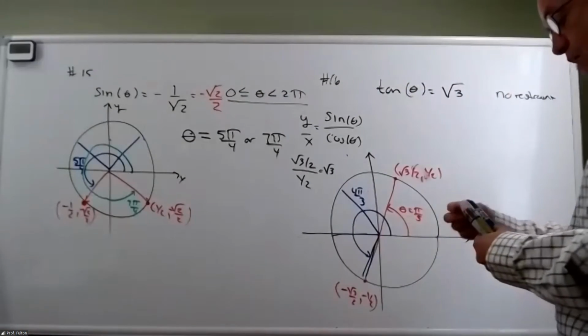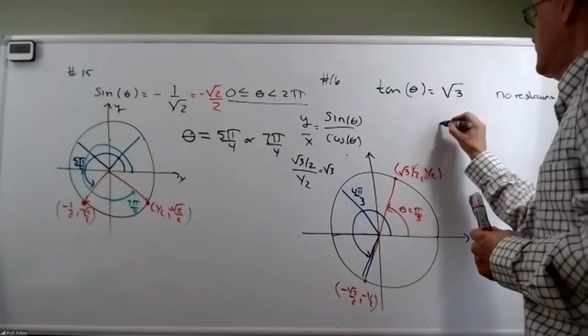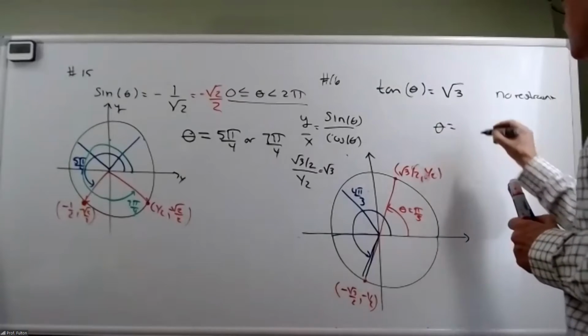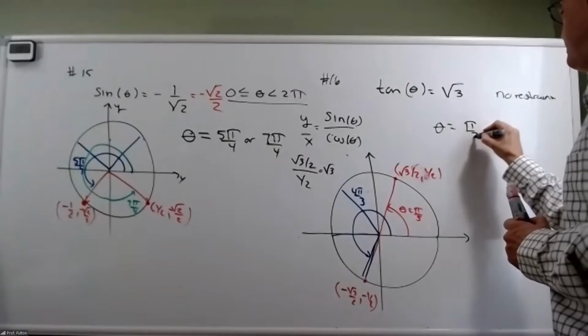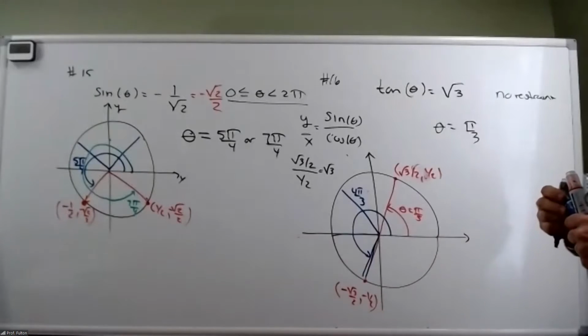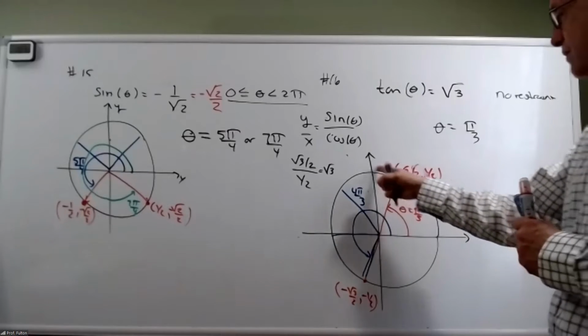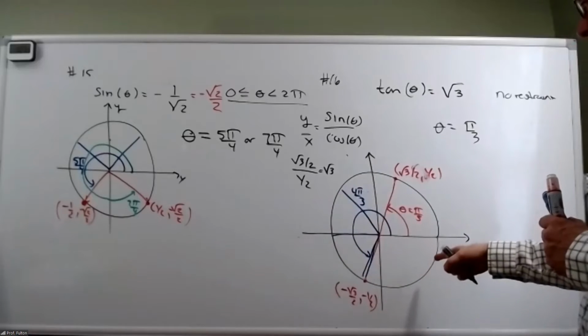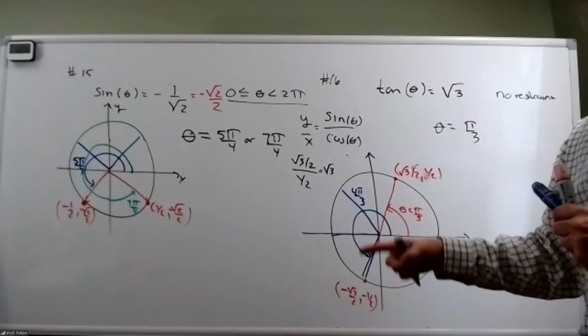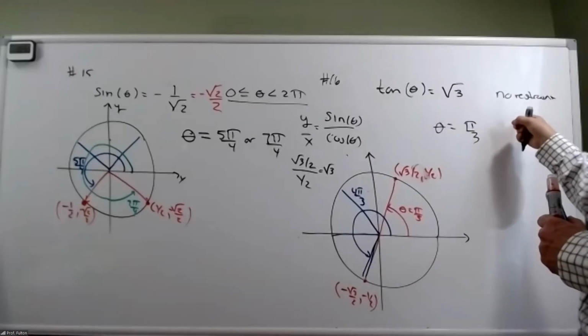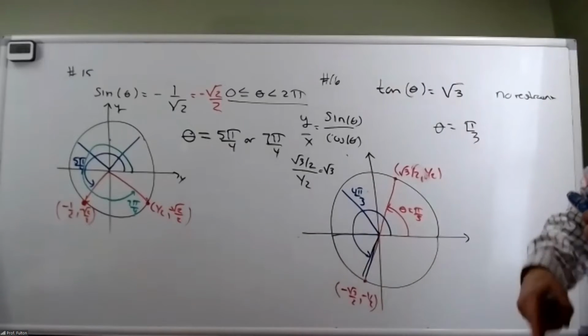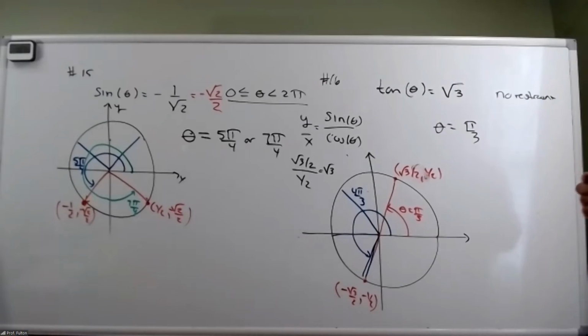So let's start and write it this way. So my theta then is equal to pi over 3. Okay. Now, if I wanted to get another one of those, I could just go around in a positive way. You get a lot when you have no restrictions here. Then you get infinitely many. You got to try and look for the pattern.